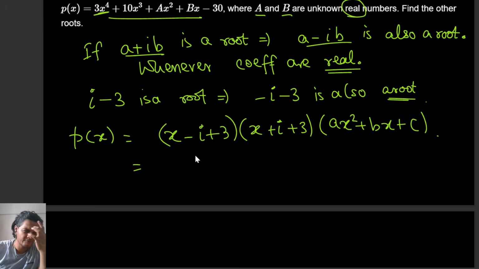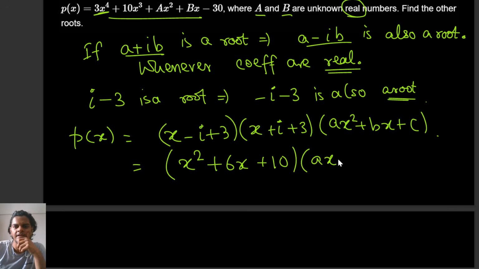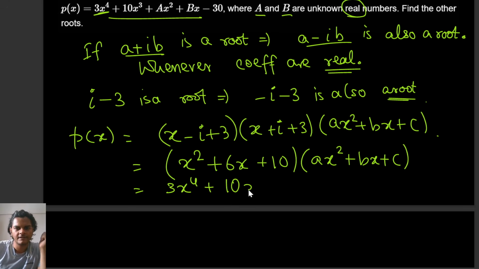So if I multiply this, what am I going to get? x square and then the sum of the roots, so plus 6x, plus the product of the roots, which is 9 minus 9 plus 1, so 10, right? This into ax square plus bx plus c. Now this has to be equal to the given thing, 3x power 4 plus 10x cube plus ax square plus bx minus 30.